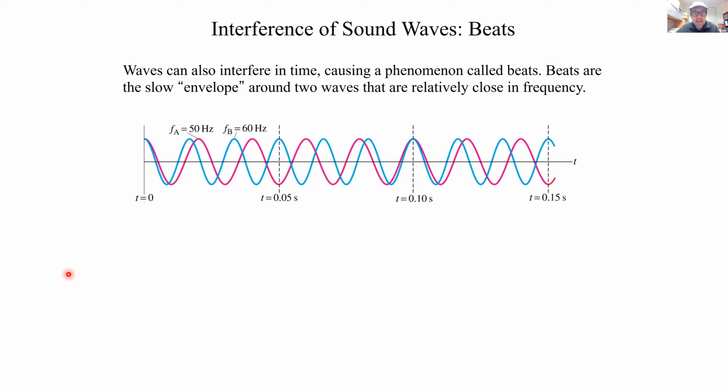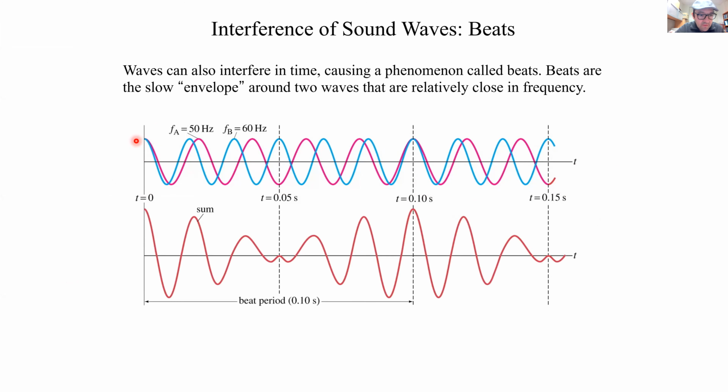Now, if you're playing at the same time, then they both arrive at the microphone at the same time, together. And so what happens as you add these things together? Notice that this is a graph of the amplitude versus time, or the displacement here versus time. Well, at this time, the waves are aligned, and so you get constructive interference. But then they shift relative to each other, you see, because there's a difference in frequency.